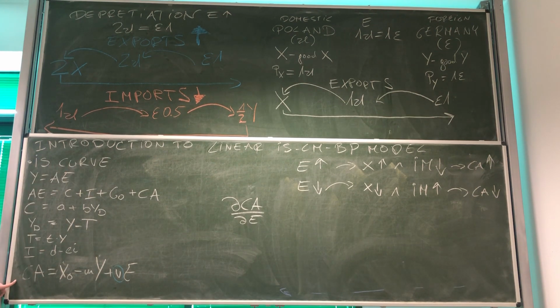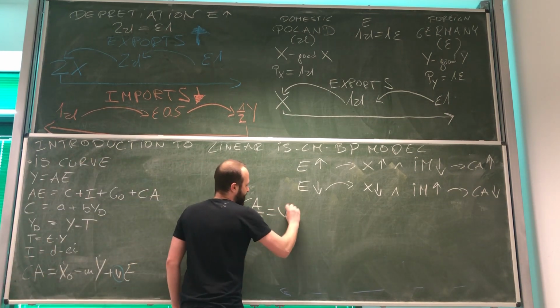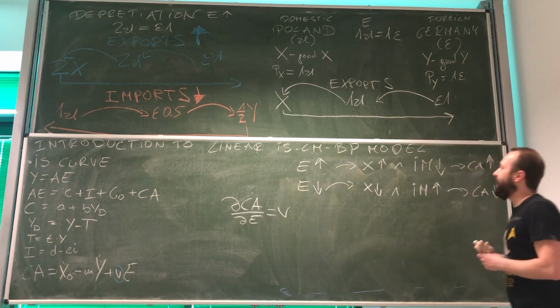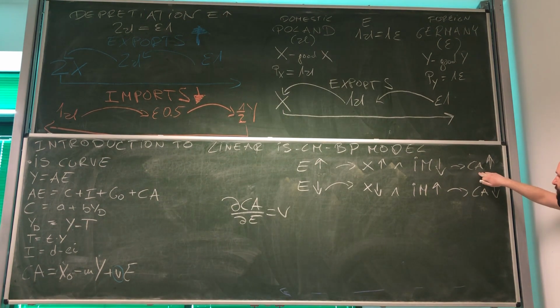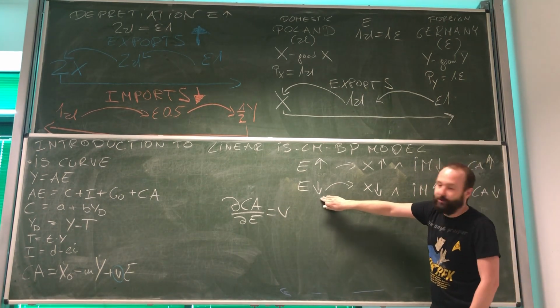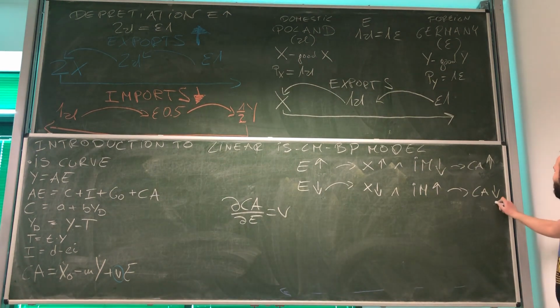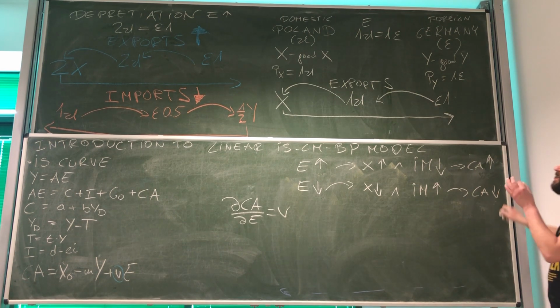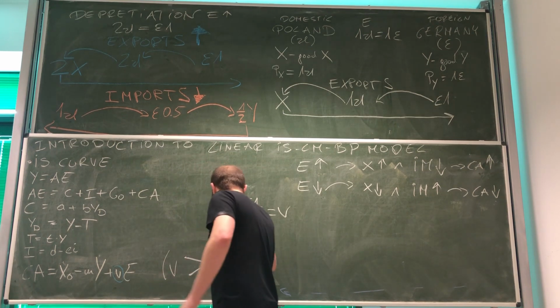And look, if I differentiate this function with respect to E, the only thing I've got is V. And we know that the lower is the value of our currency, so the bigger the E, the better is the position in our current account. And the lower is the value of E, so the higher is the value of our currency, the worse is the position of the current account. So we can conclude that V is positive.